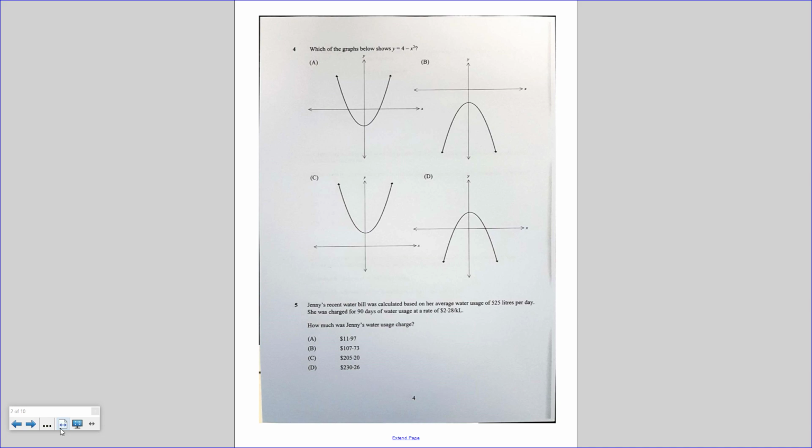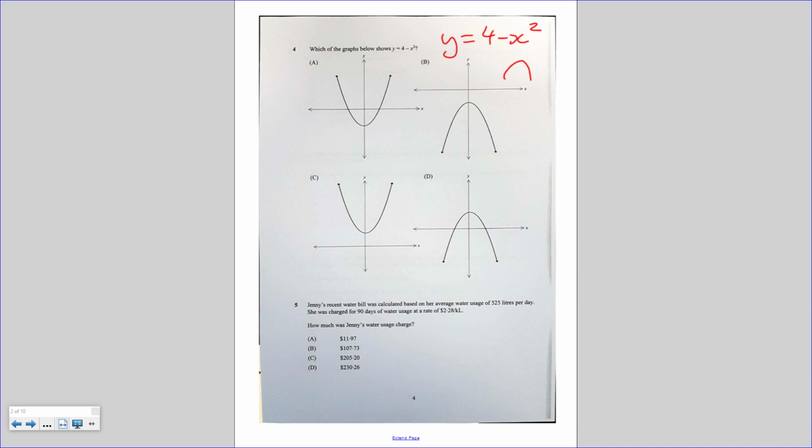What we next can see, if I just write it a bit bigger, is that the thing in front of the x squared is a negative. So that immediately tells us it's going to be concave down, alright? So that means straight away it can either be B or D. So we just need to decide which one it's going to be.